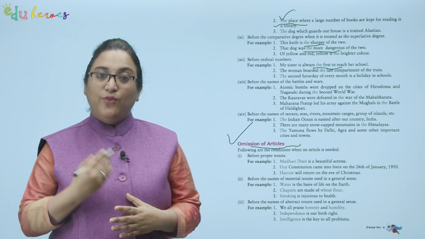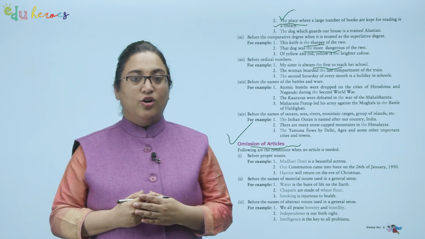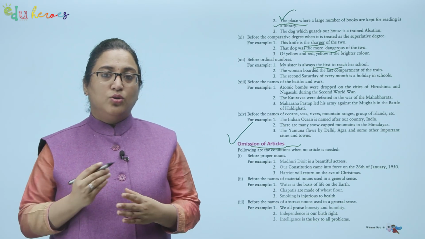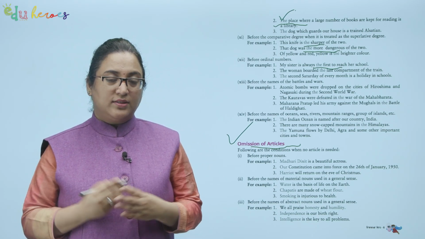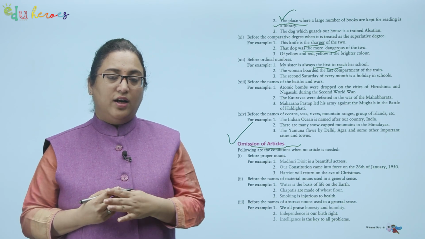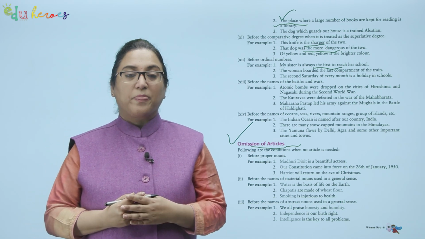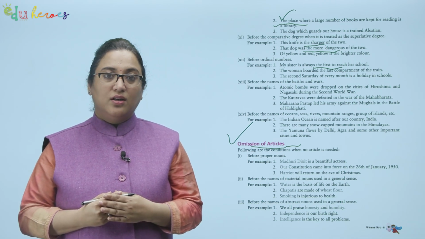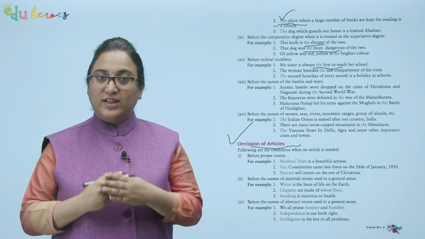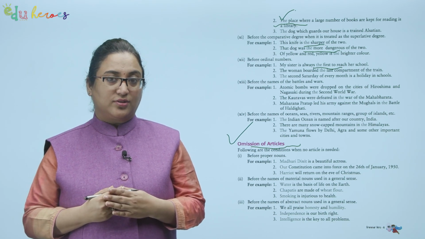Now, following are the conditions when no article is needed, and it is also called the no article. Instead of just saying omission, fourth category after a and the is called no article. First condition, before proper nouns. For example, Madhuri Dixit is a beautiful actress.